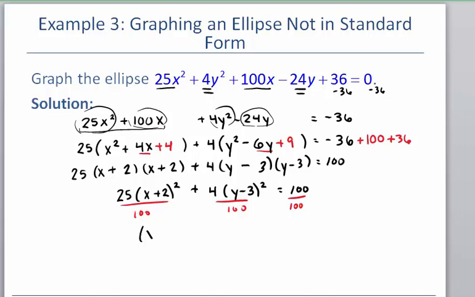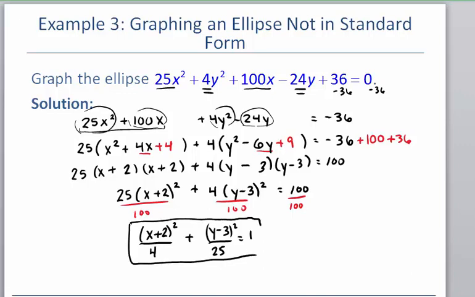And so that's going to give me x plus 2 squared over 25 over 100, which is the same thing as 1 over 4. And y minus 3 squared, 4 over 100 is going to reduce to 1 over 25, is equal to 1. And we now have the standard form of the equation of our ellipse.